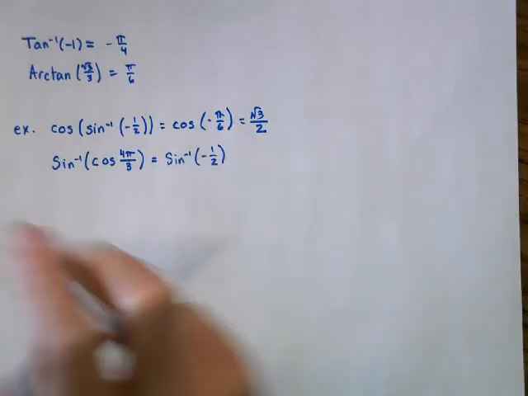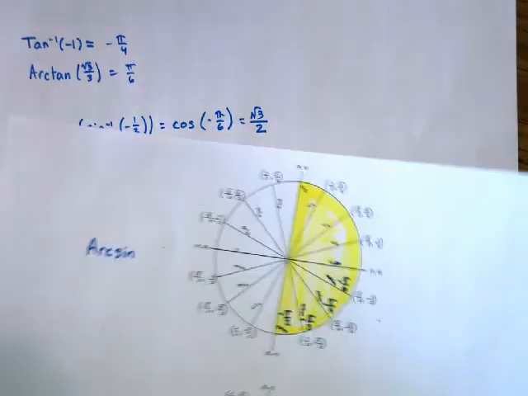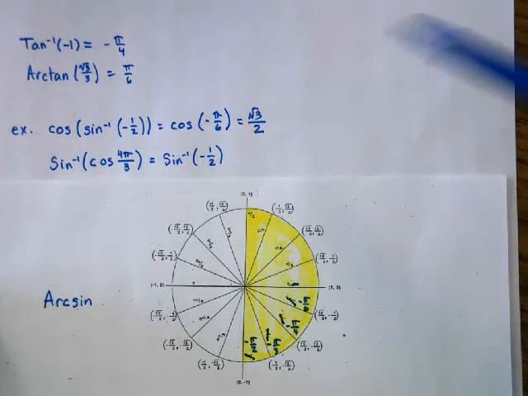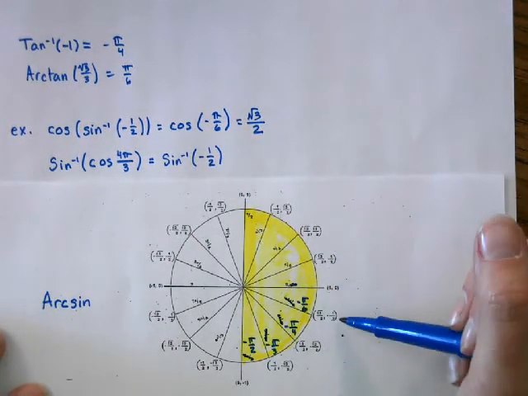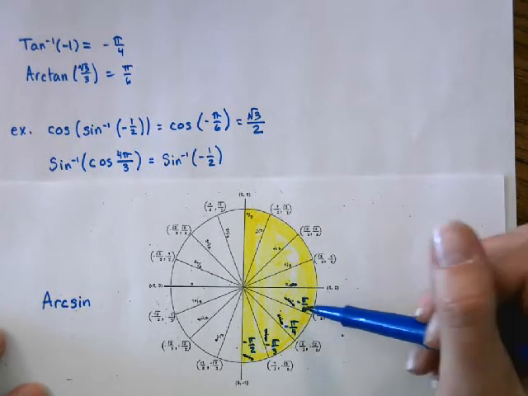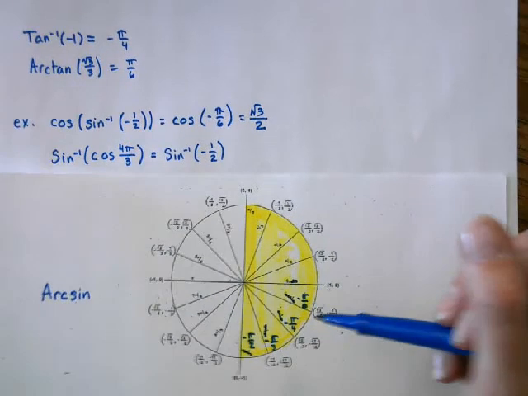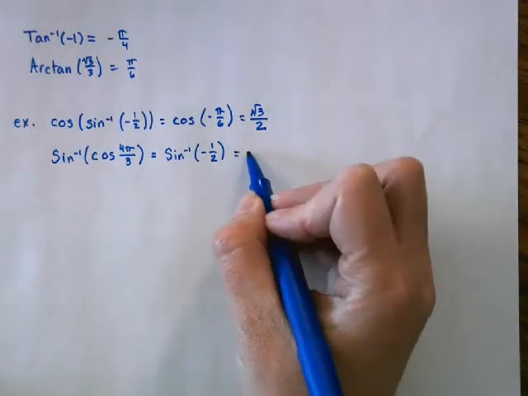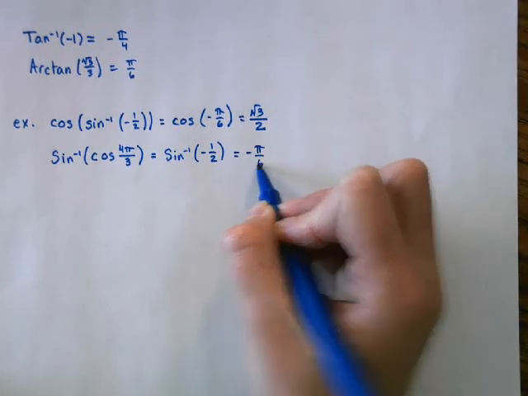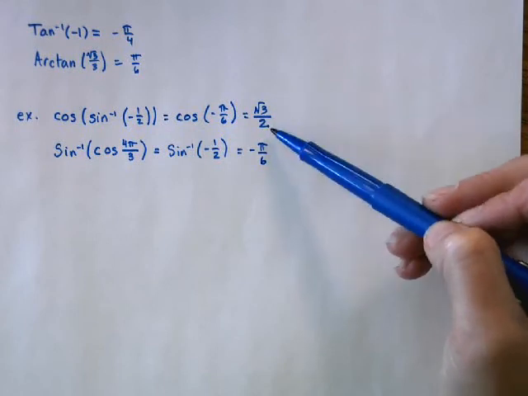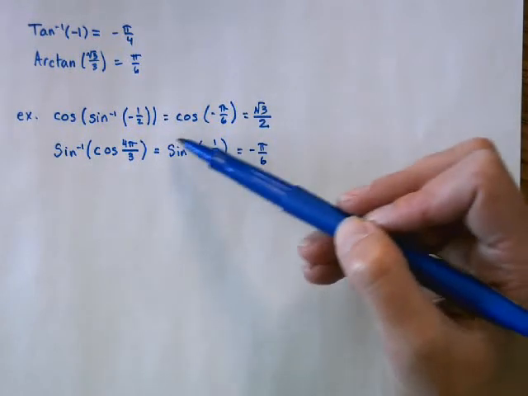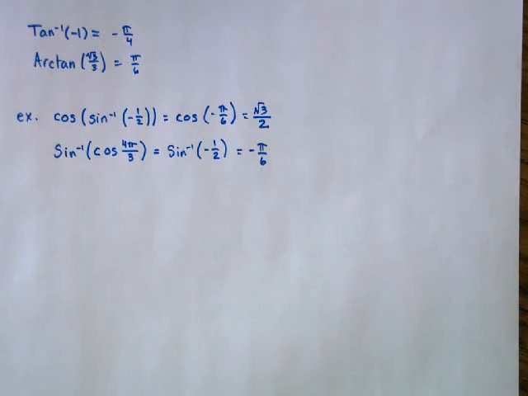Now I'm doing the inverse, so I need to go to my little unit circles on the highlighted area, find the one and only one location where my y value is negative 1/2, and evaluate negative pi over 6. So again, if we're finding sine, cosine, or tangent, our answer is a number. If we're finding an inverse, our answer is an angle.